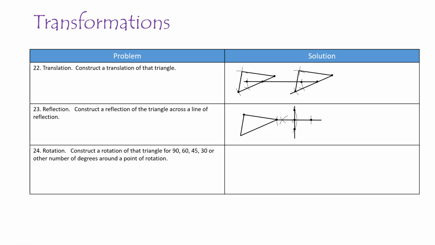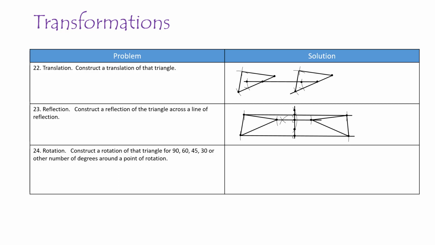So here's the second vertex, and we make a perpendicular line from that vertex, and we measure it on the other side, and that's where that vertex is. And then for the third vertex, we make a perpendicular line, we measure it, and we mark it on the other side, and then we fill in the sides of the triangle, and we've made a reflection.